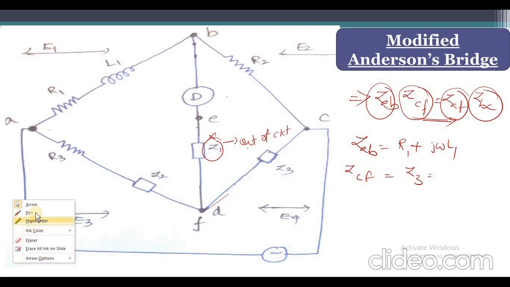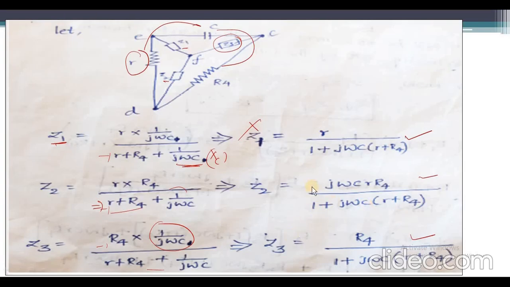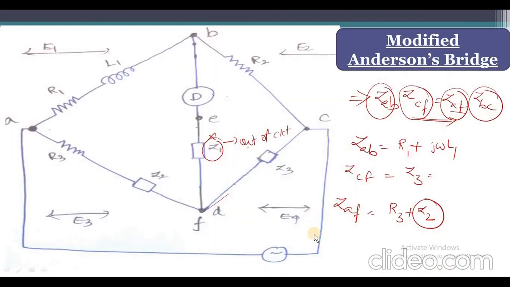After that we have to obtain ZAF. AF means R3 plus Z2, both connected in series. I have already obtained the Z2 expression.